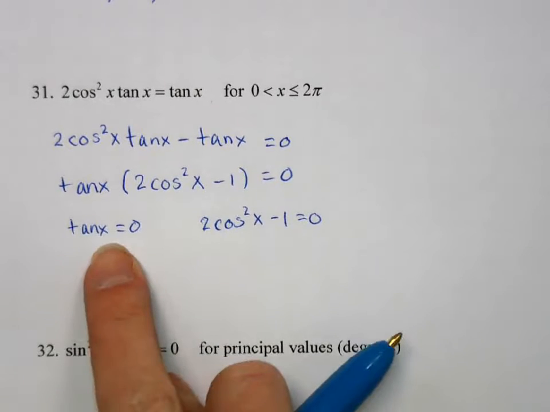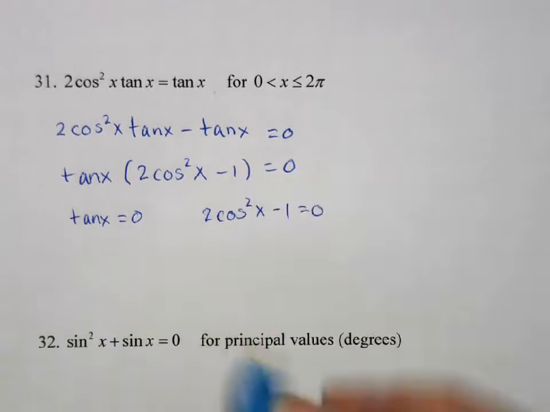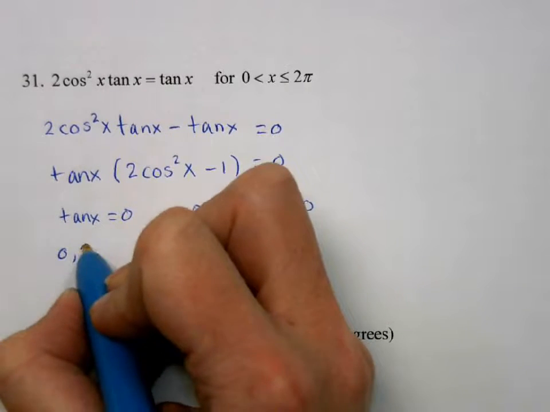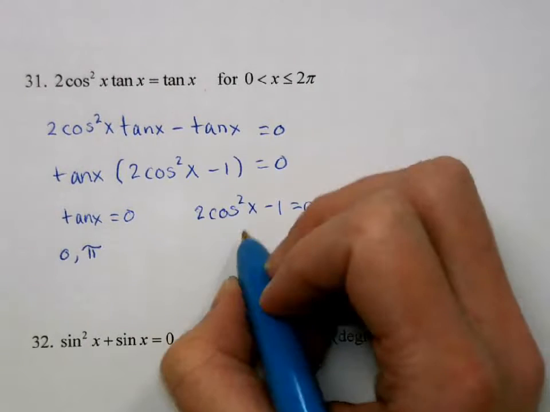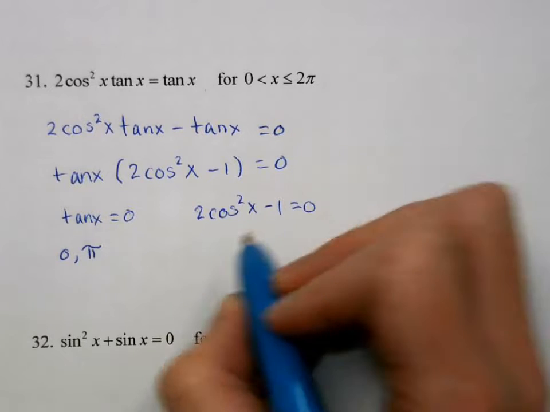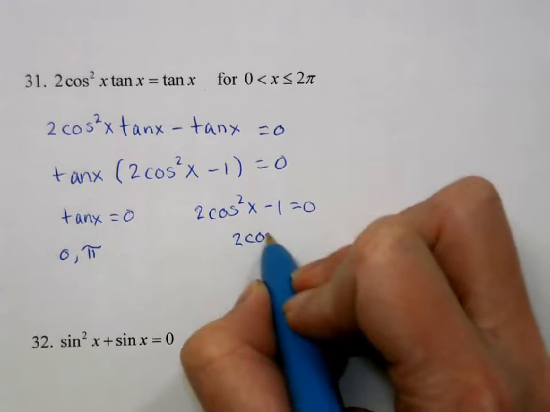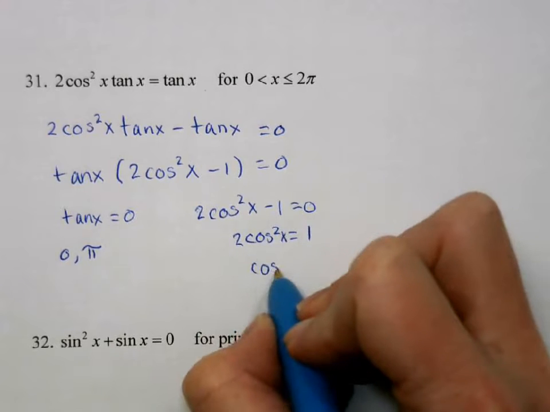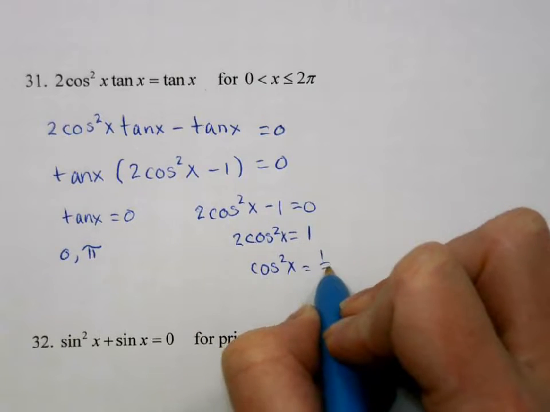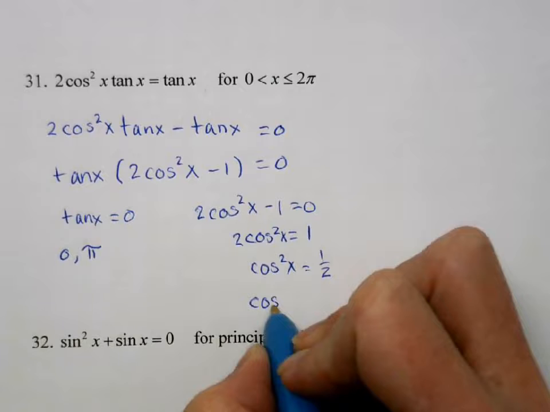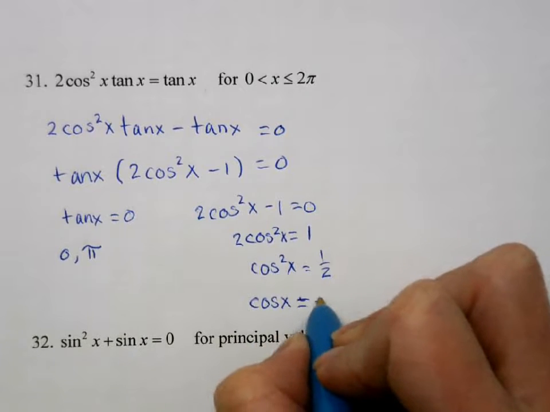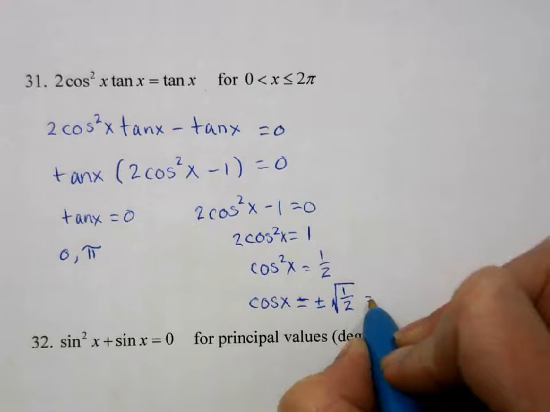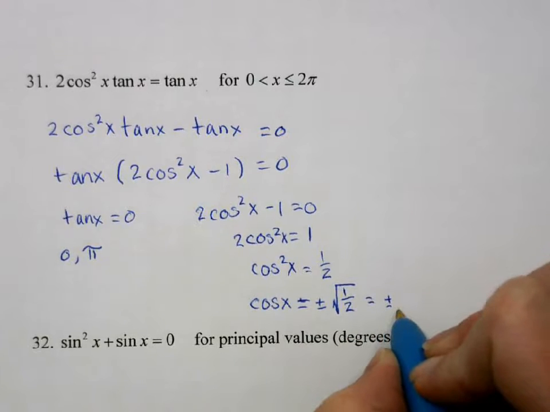This one is going to be pretty similar to the last one we did. 2 cosine squared x equals 1, so cosine squared x equals 1/2. So cosine of x equals plus or minus the square root of 1/2, which is 1/√2, which when rationalized is our more familiar root 2/2.